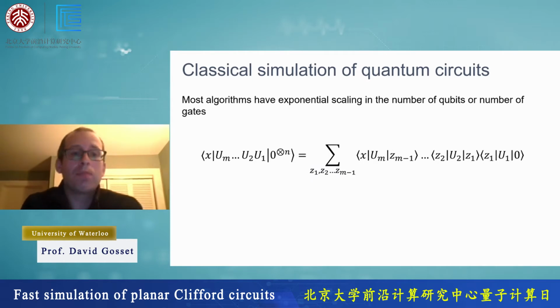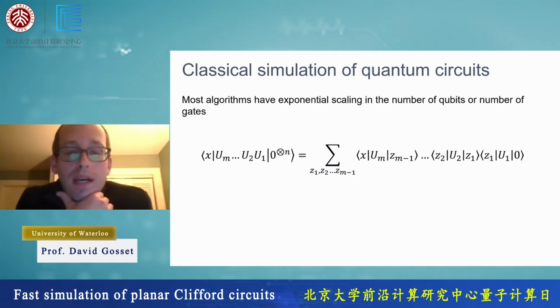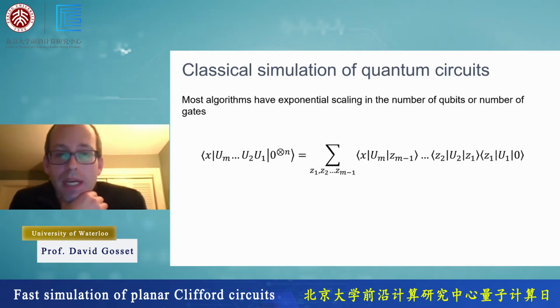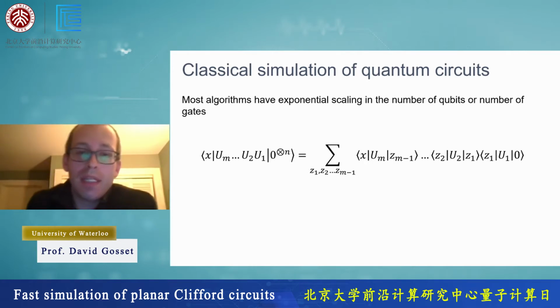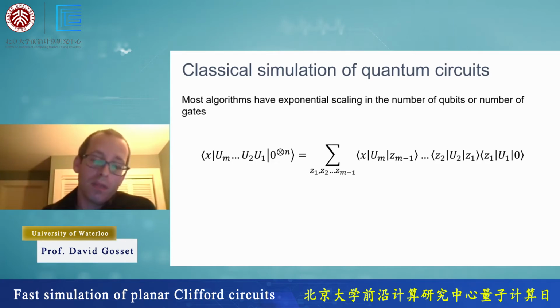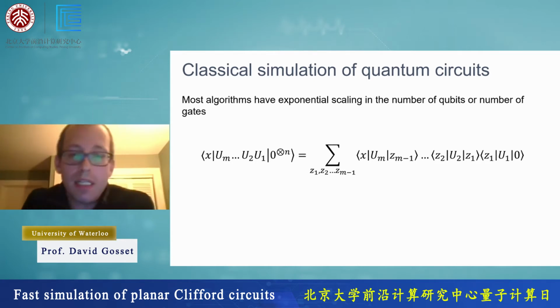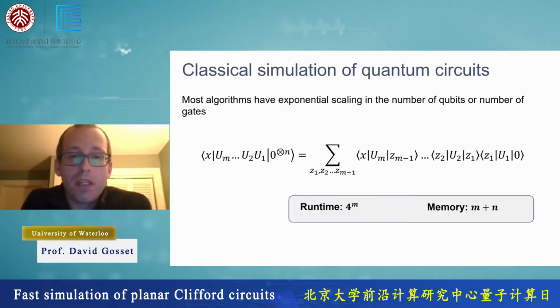Another type of algorithm would be what's sometimes called the Feynman algorithm, where we expand an amplitude of a quantum circuit as a matrix product or sum over paths. Each term in this sum can be computed using a small amount of space, but there's a very large number of terms.